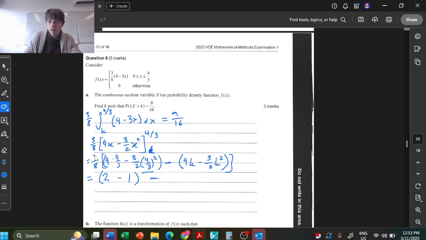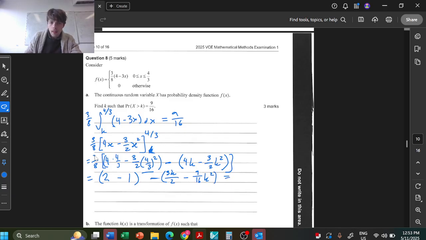Then we have 3/8 times 4k. So that's going to give us 3k over 2. Minus 3/2 times that, so that's going to be equal to 9/16 k squared. Good? I think we're good.